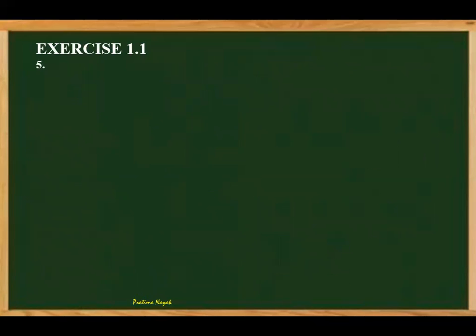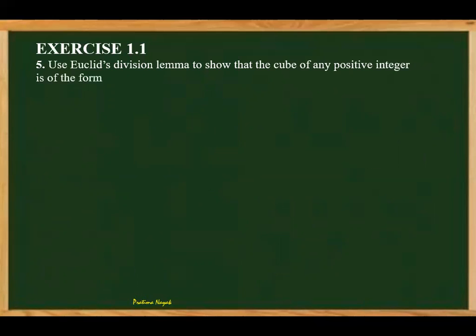Coming to the fifth question. Use Euclid's division lemma to show that the cube of any positive integer is of the form 9m, 9m plus 1 or 9m plus 8, for some integer m.